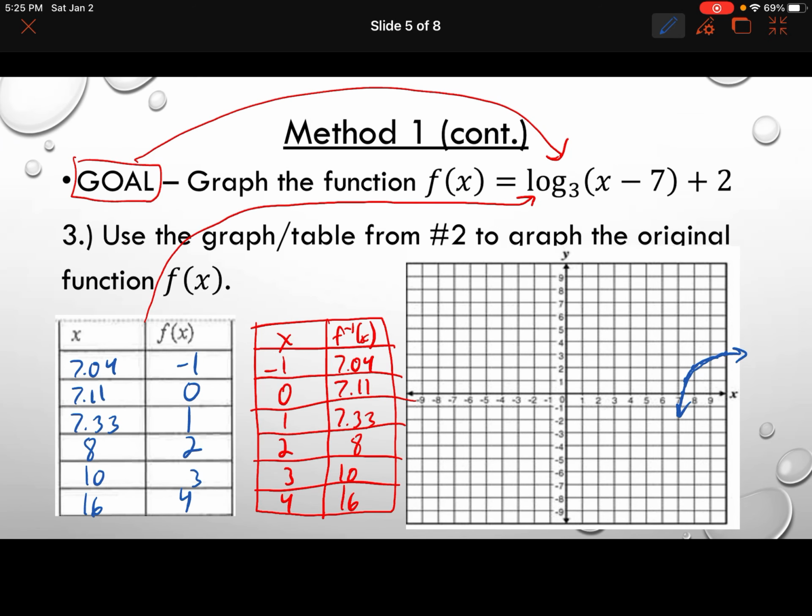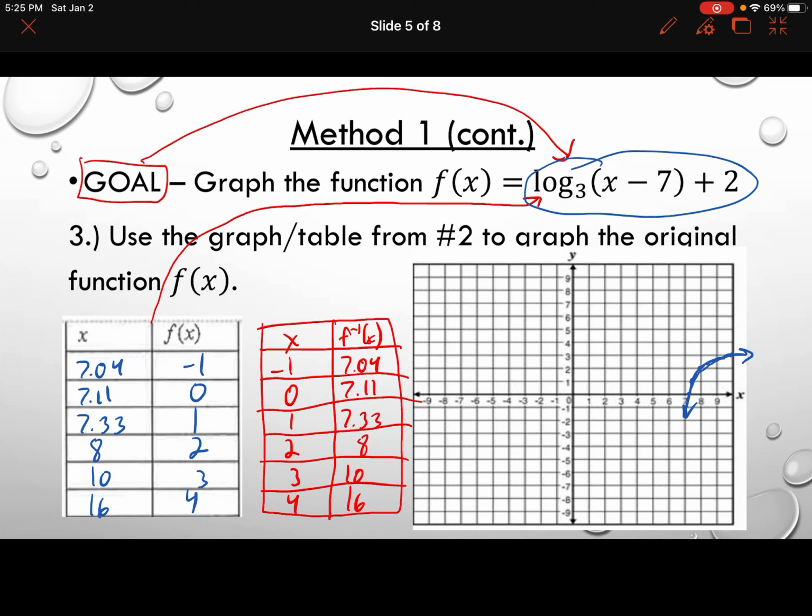So this blue graph is the graph of this log function. So congratulations, we just graphed our first log equation by using the inverse equation. Okay, and you might be wondering, well, something's missing here.